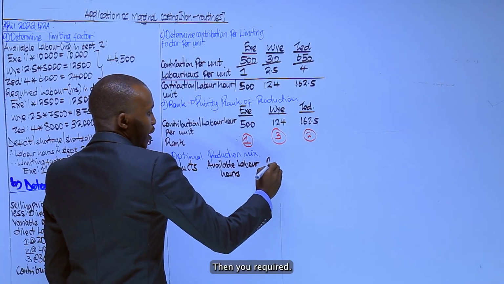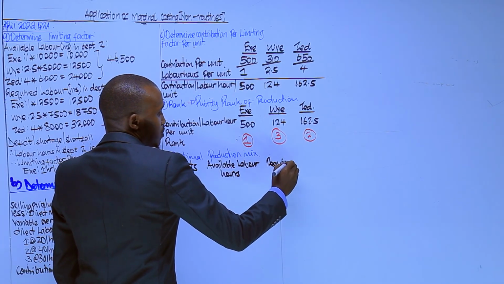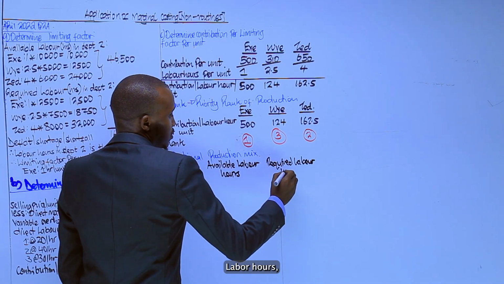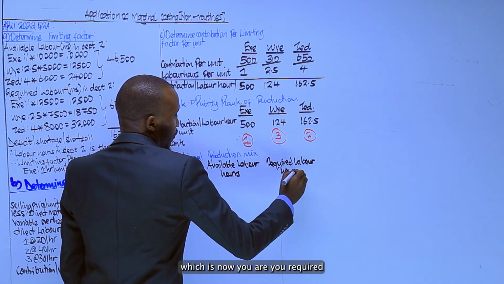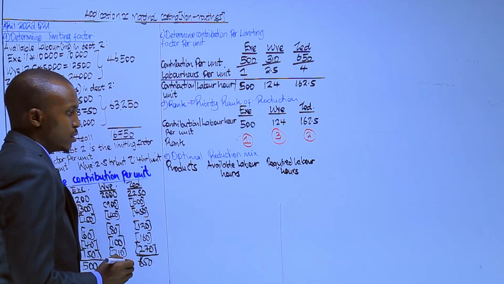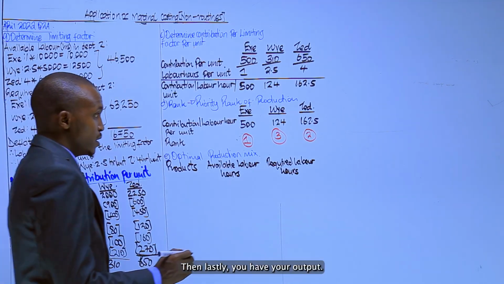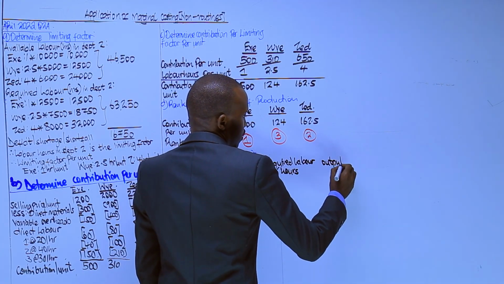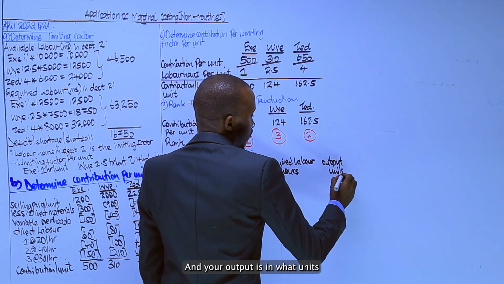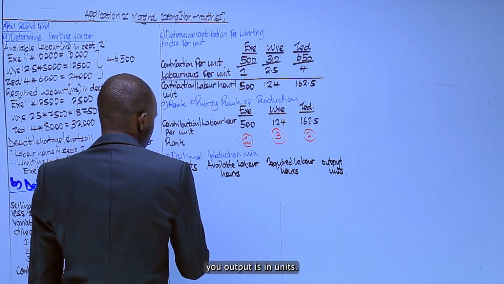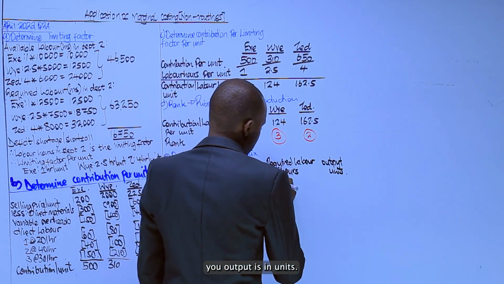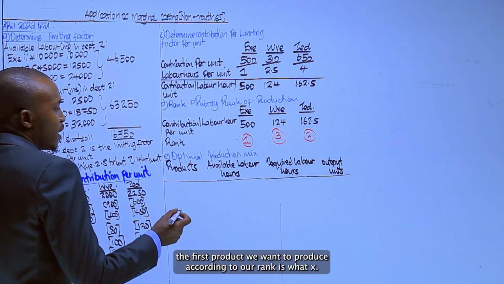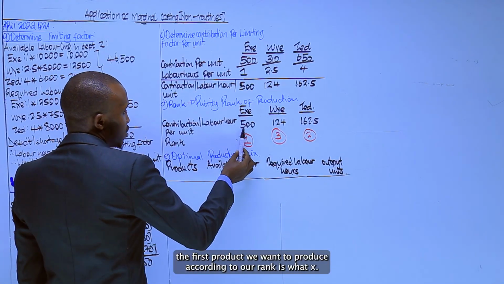Then your required labor hours, which is now your required limiting factor. Then lastly, you have your output, and your output is in what? Units.